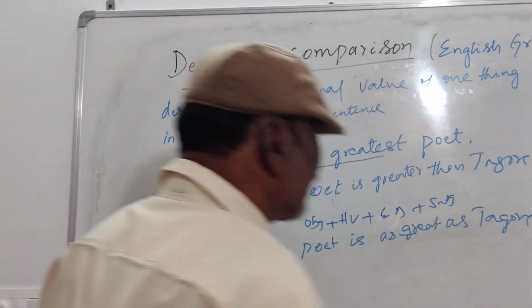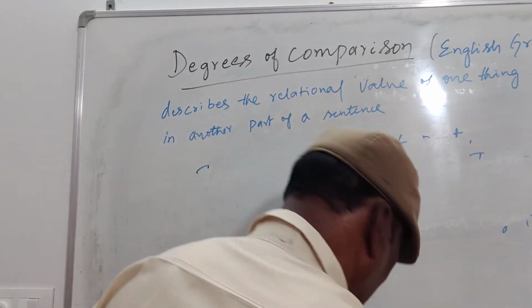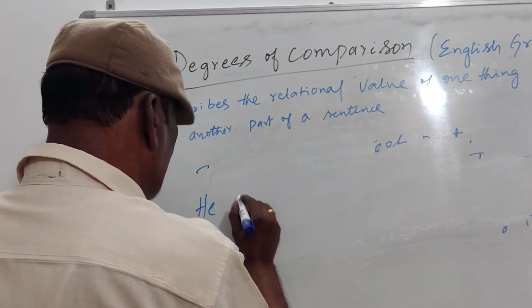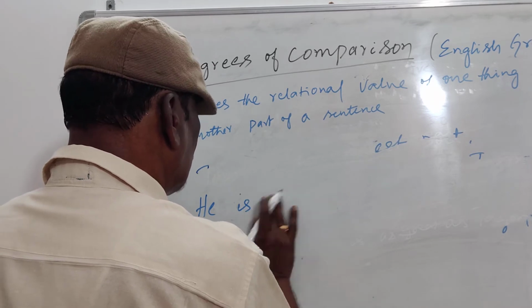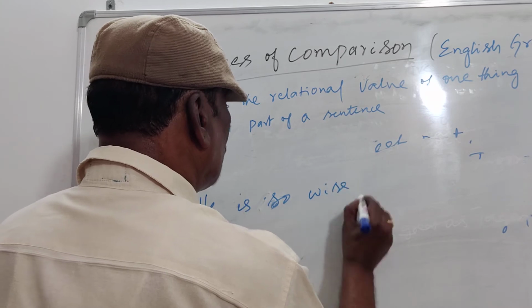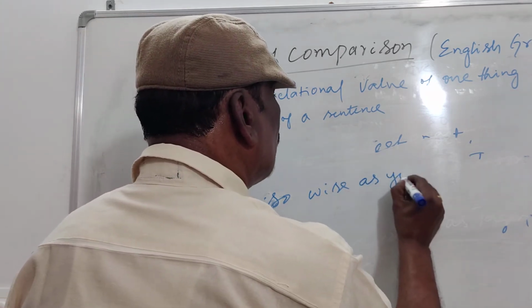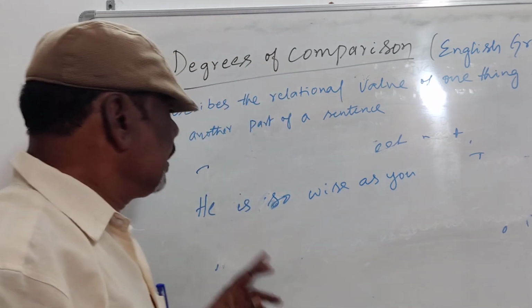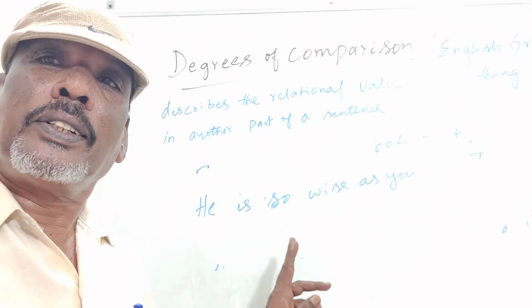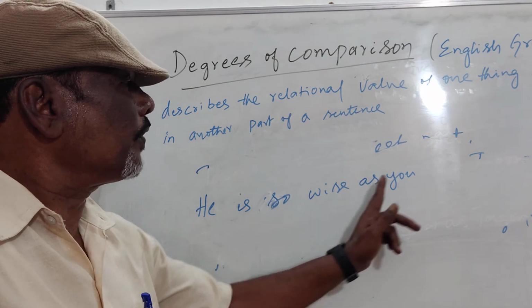Coming to another example. He is so wise as you. Here, no negative form is used. He is so wise as you.